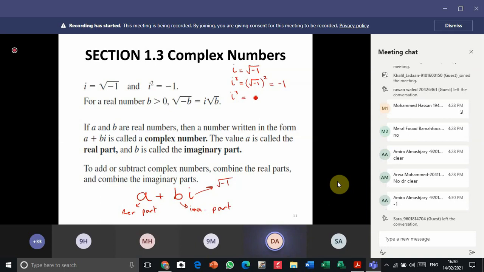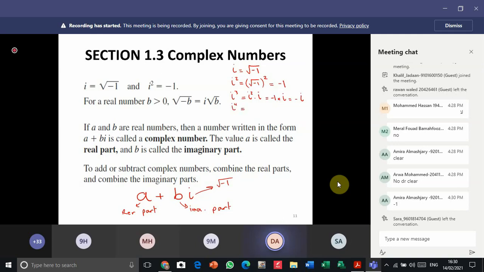I to the power 3 is I square multiply I. So we have I square equal -1 multiply by I, so we have -I. Okay, so I to the power 3 equals negative I.